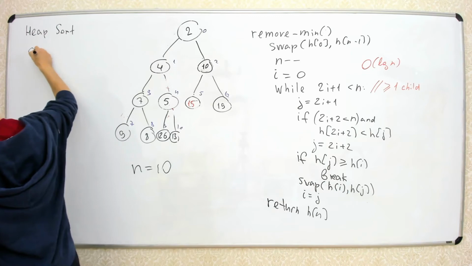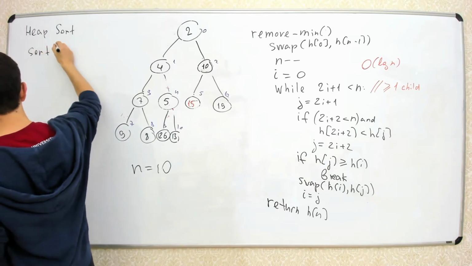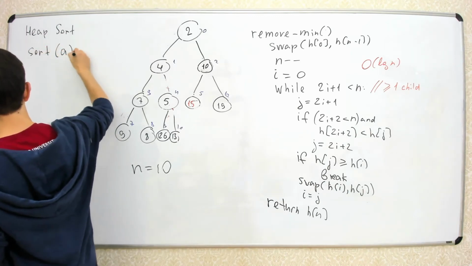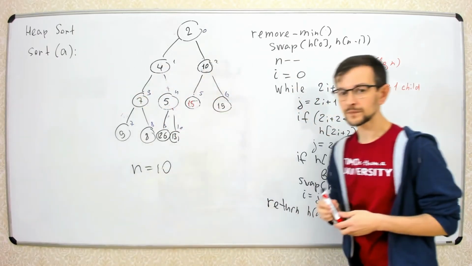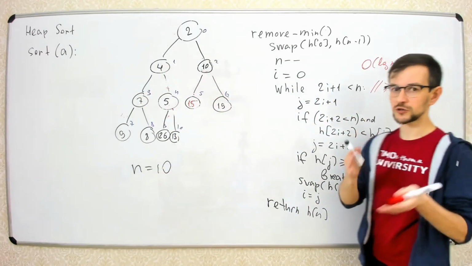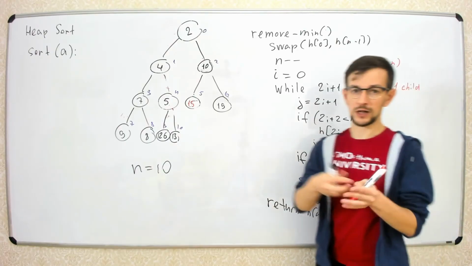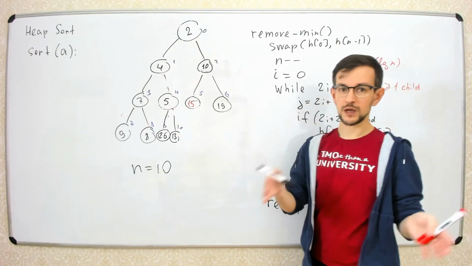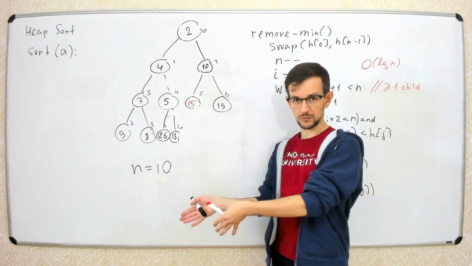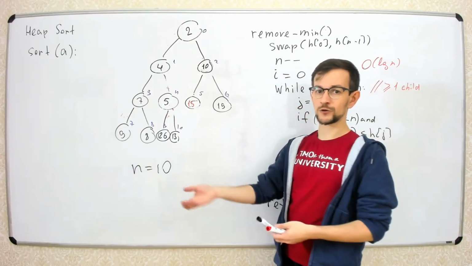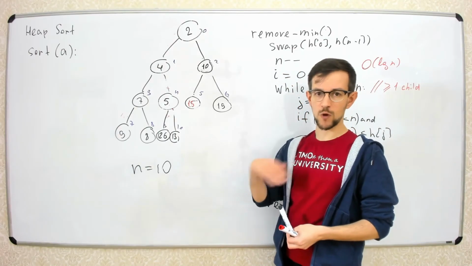Let's see. We have a function sort which takes array A. So how can you sort an array using a binary heap? Actually, very easily. You take all elements of your array, insert them into the heap, and then remove elements from the heap one by one.